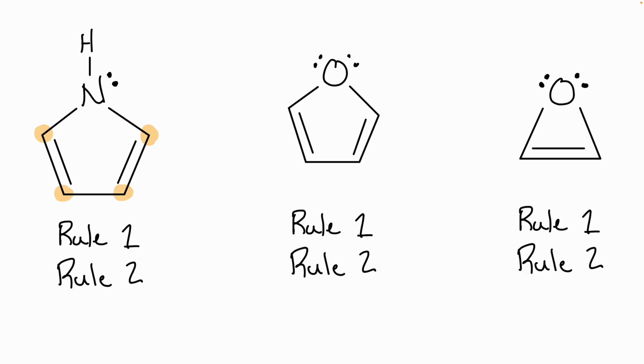It gets to choose whether it's going to put this lone pair of electrons in a p orbital where it can delocalize around this ring, or if it's going to keep it in an sp3 hybridized orbital where it's physically pointed away from the ring. Right? So these heteroatoms with their lone pairs get to choose. They get to choose whether or not to let these electrons play with the other ones in our ring structure here, or whether to keep them separated, physically pointed away from that ring in space.